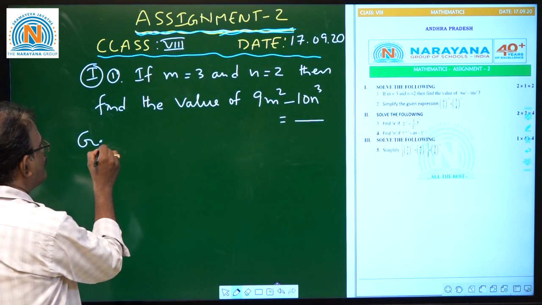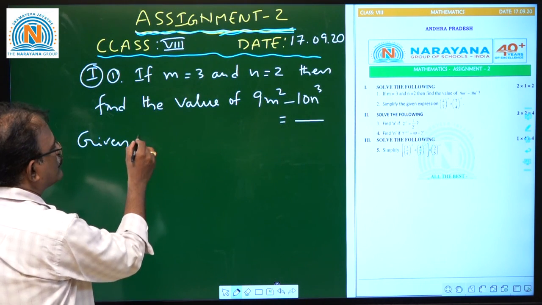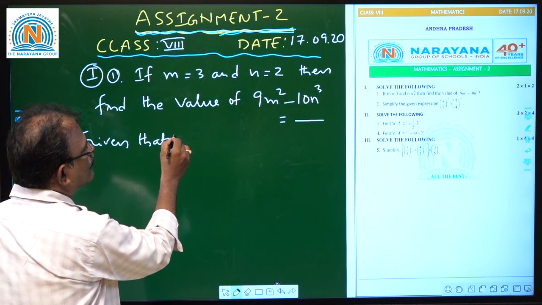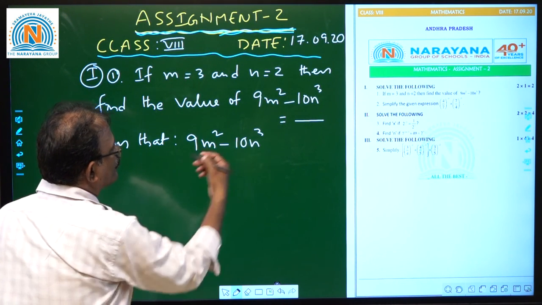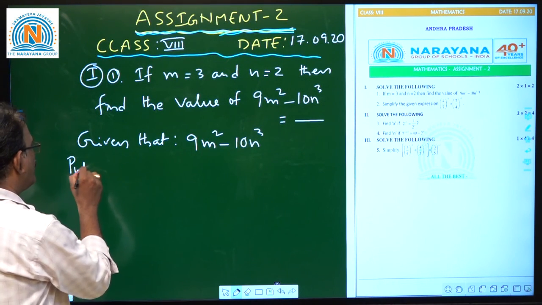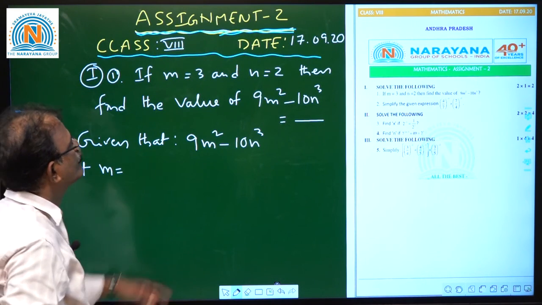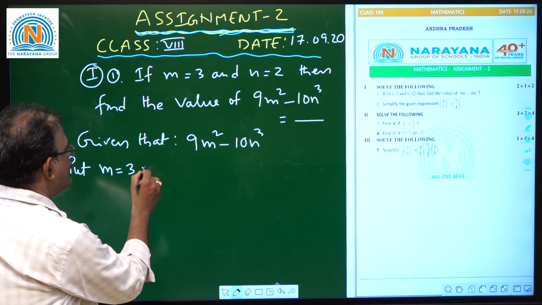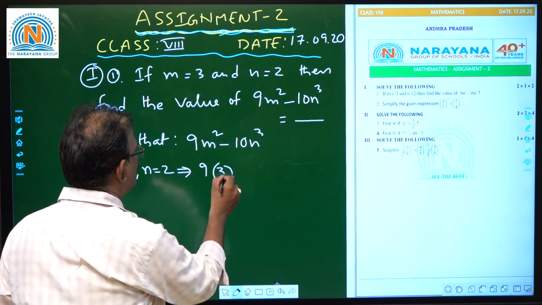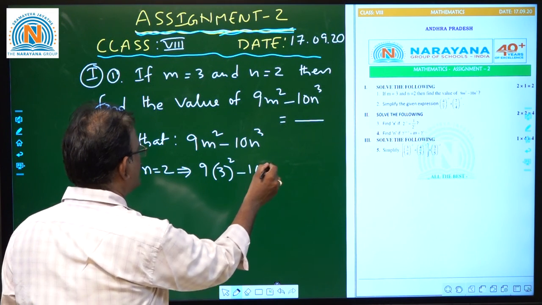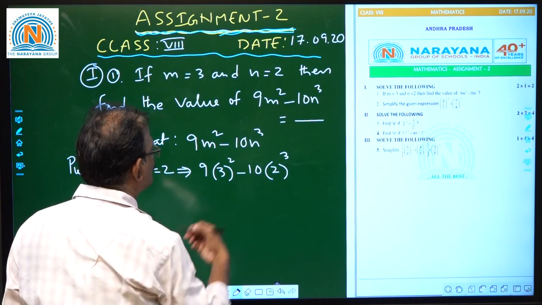So given that 9m square minus 10n cube, put m is equal to 3 and n is equal to 2, then 9 into 3 square minus 10 into 2 cube.